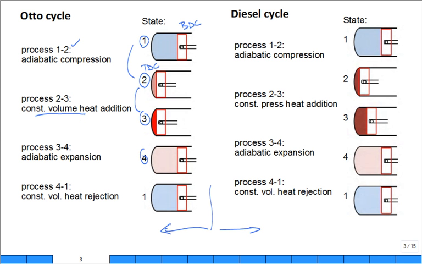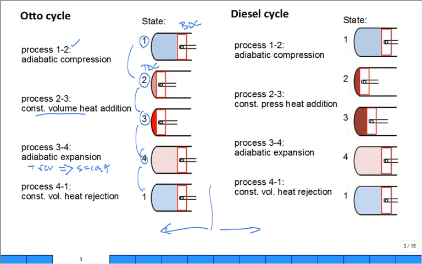Then from 3 to 4, you have adiabatic expansion. All of these are internally reversible, so adiabatic plus reversible means isentropic, so S equals a constant. And then from 4 to 1, you have constant volume cooling. That makes up the Otto cycle.